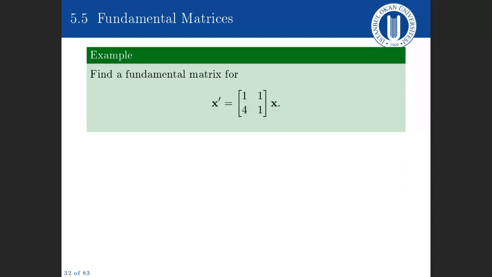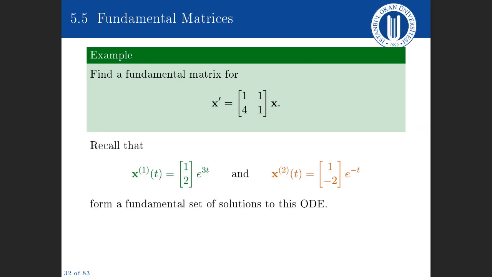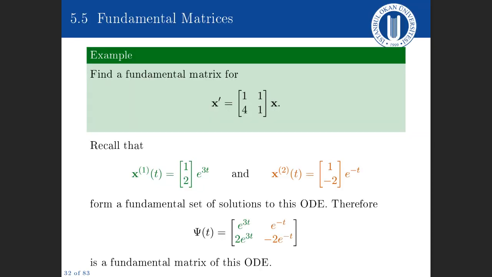So, for example, find a fundamental matrix for the linear system x prime is equal to the matrix (1, 1; 4, 1) x. I've already talked about this today, so let me just remind you. We already have a fundamental set of solutions of this equation. All we're going to do is write down the matrix where we use this green function and this orange function to give us the columns of the matrix. Here we are.